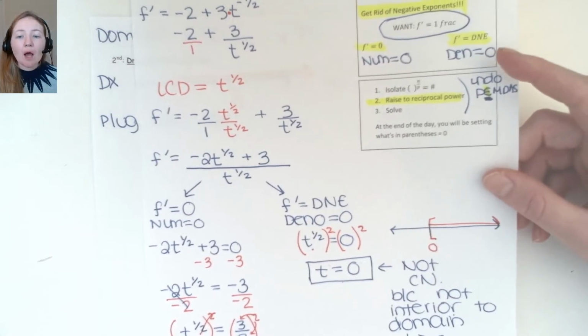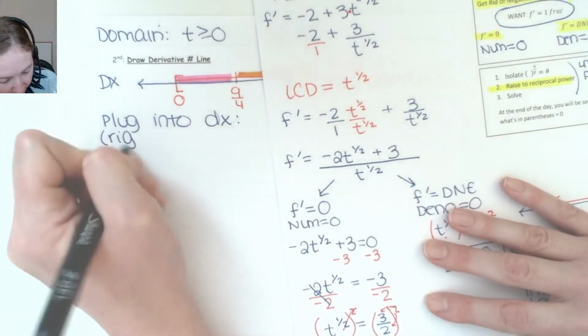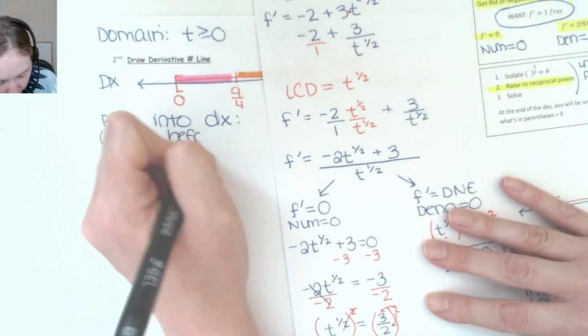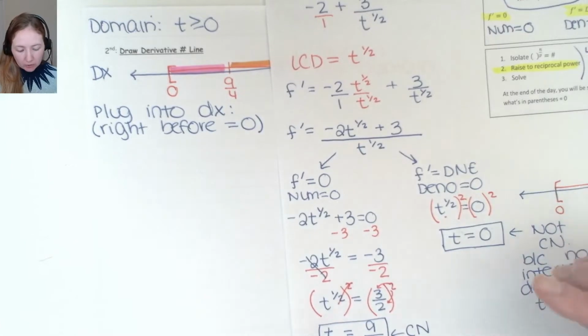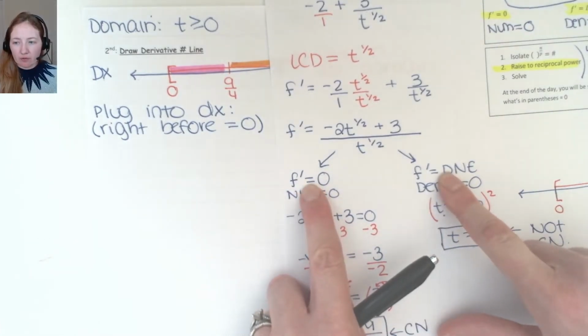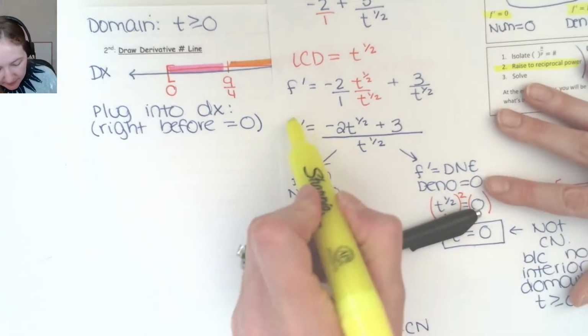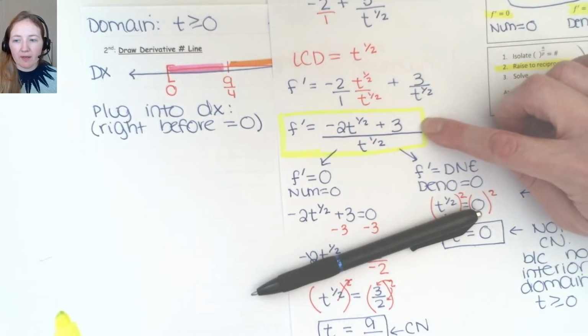So there's multiple versions of the derivative here. I like to plug into the derivative right before we set it equal to 0.